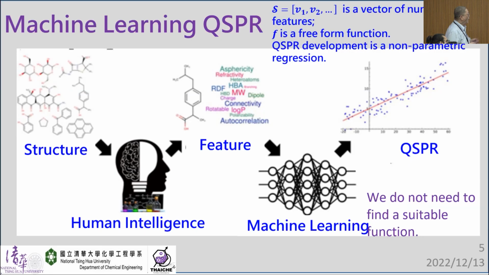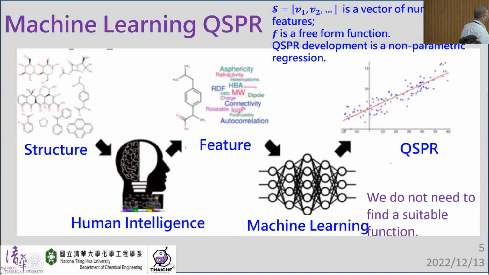We use these features in a machine learning model, for example a neural network, to predict our properties. The key is that with a machine learning model, F is a free-form function, so we are doing a non-parametric regression to build the model.